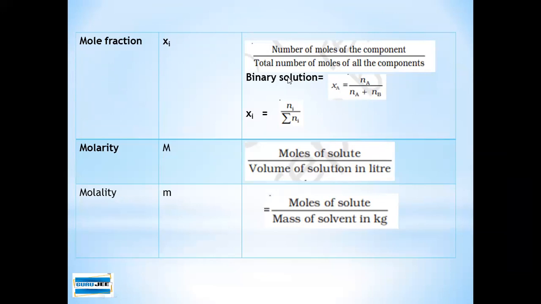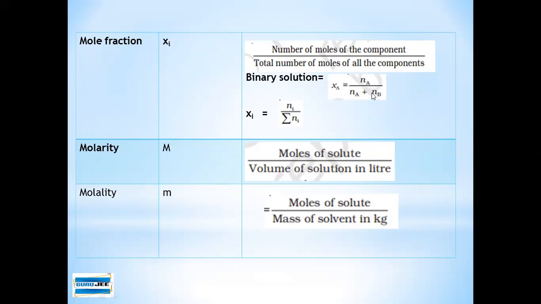So for a binary solution, the mole fraction can be written as XA is equal to number of moles of A divided by total number of moles of all components, where A and B are the components in the binary solution. So Na is the number of moles of A and Nb is the number of moles of B. So for a binary solution, we can write the mole fraction XA as Na divided by Na plus Nb.